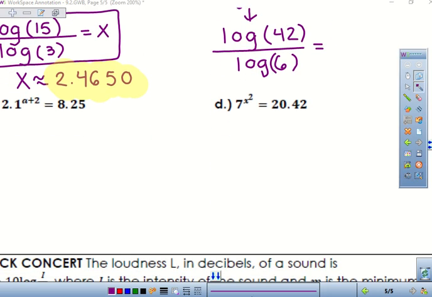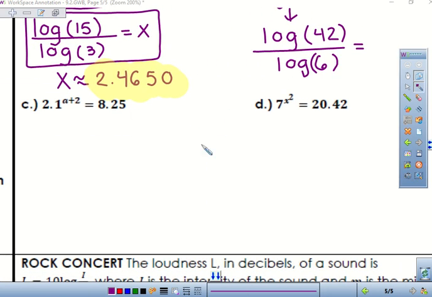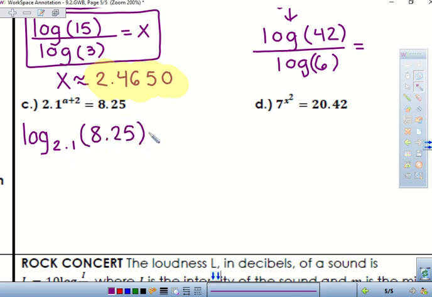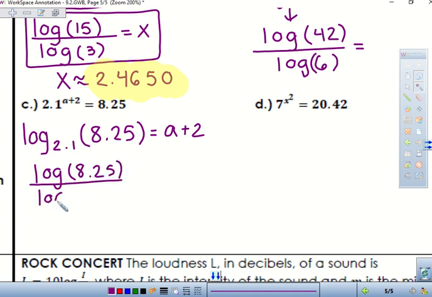All right, so these two are a little bit different. Notice this one. If I rewrite it as a logarithmic equation, just from your 9.1 notes, the base is equal to the power. I know that I can rewrite this side as log of 8.25 over log of 2.1. Then what can I do to get this 2 to the other side to get the a by itself?